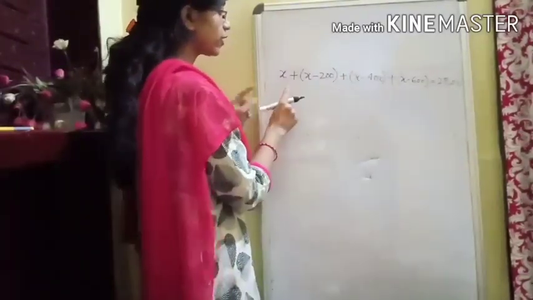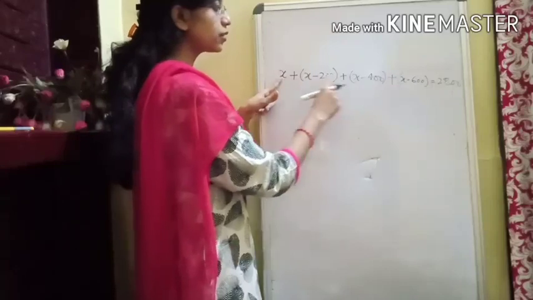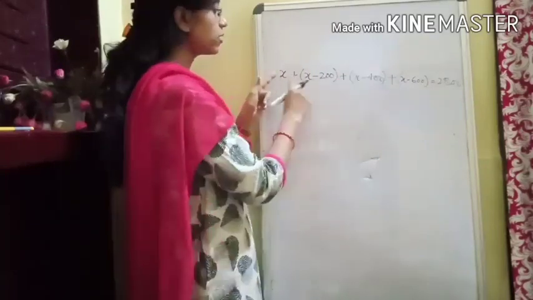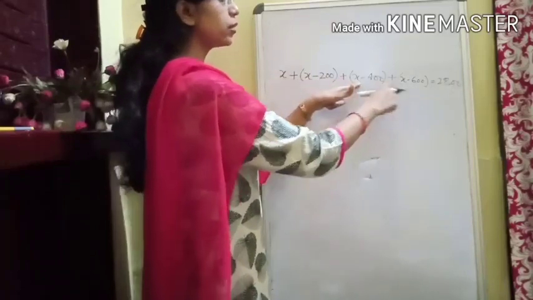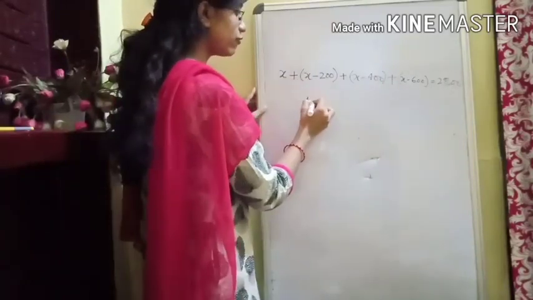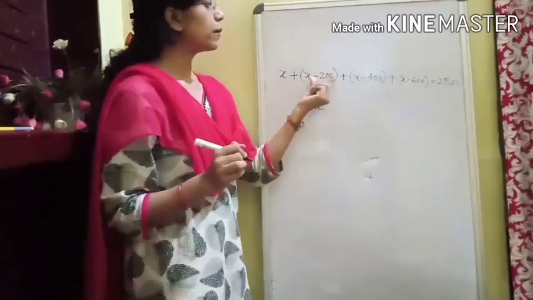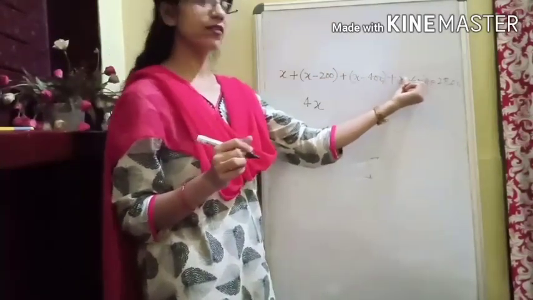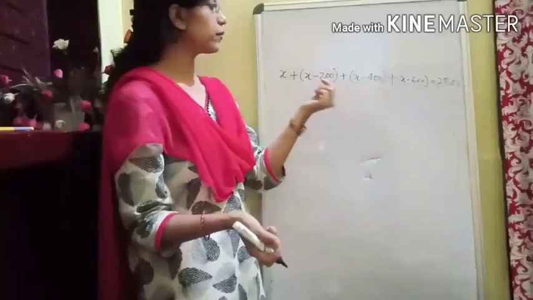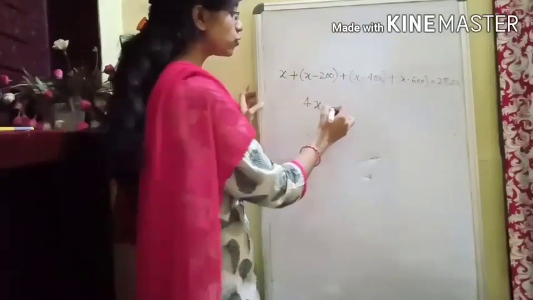Now let us simplify. X plus X plus X plus X, as they are all in plus, we can simply add them: it is simply 4X. Now minus 200, minus 400 and minus 600, we add them, so it will be minus 1200.